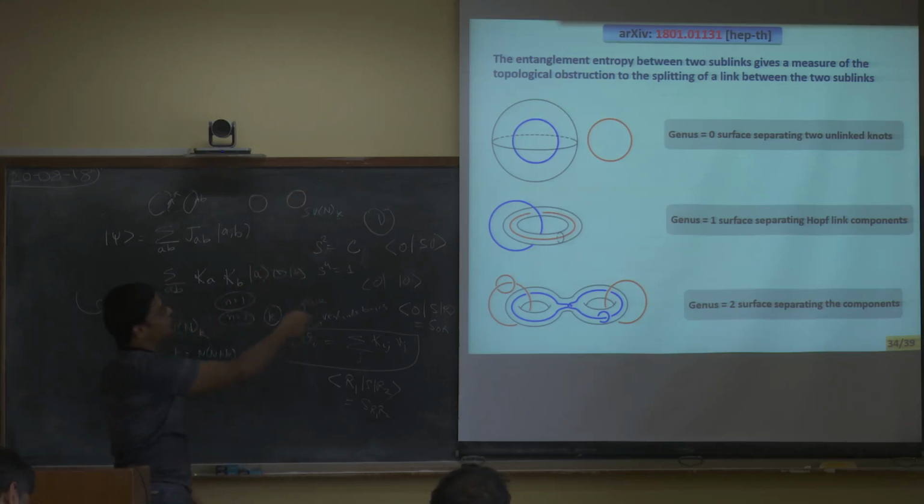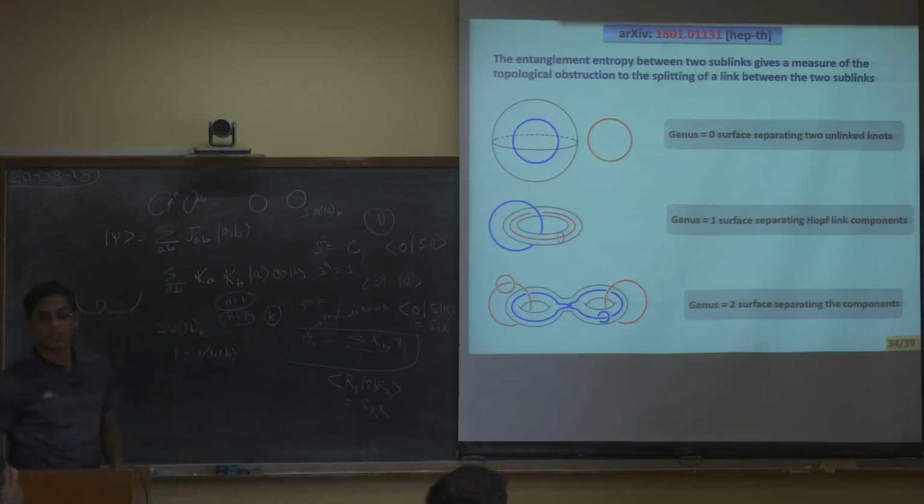You can try to separate these two unknots by putting a sphere in between. So they put a minimal genus surface so that we can separate the two components of the link. These two can be separated using a sphere. This is a Hopf link, which can be separated using a genus 1 surface, and this is some complicated link which can be separated using a genus 2 surface.